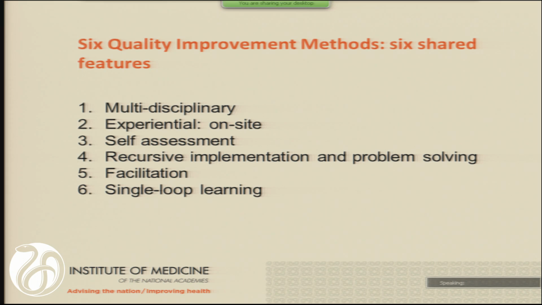Or even if the second loop is present, it tends to be fairly asymmetric. They may be considered, but not fully integrated into the approaches. And I think that's a very important consideration, given the emphasis on health systems strengthening that was mentioned earlier. Next.